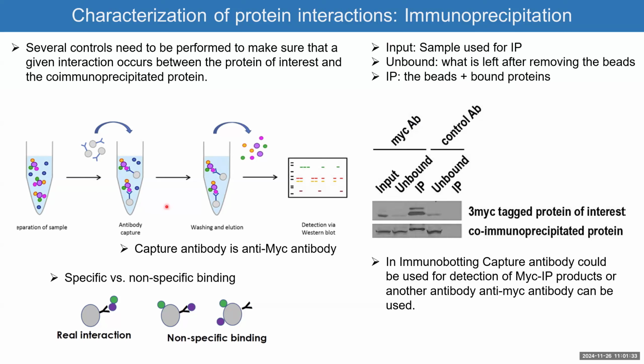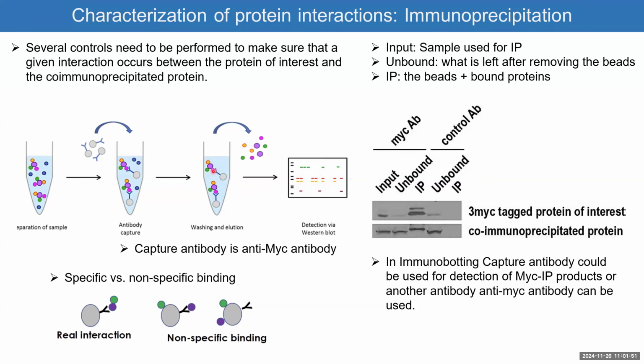And when we load these proteins, again, this part is a little bit difficult for you because you never did a Western blot. You load the whole lysates as an input. You have to load everything that is not bound.